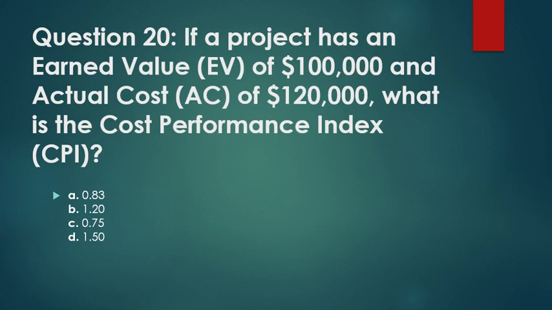If a project has an earned value of 1 lakh and an actual cost of 1,20,000, what is the CPI, cost performance index? I'm taking a pause as you would need some time for calculation.